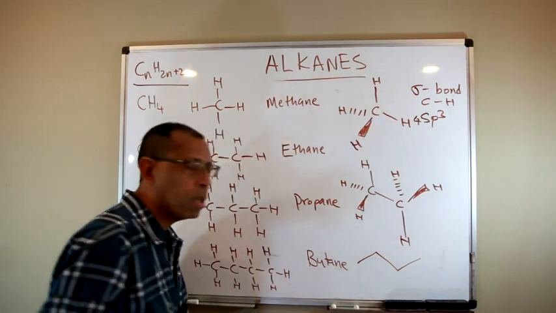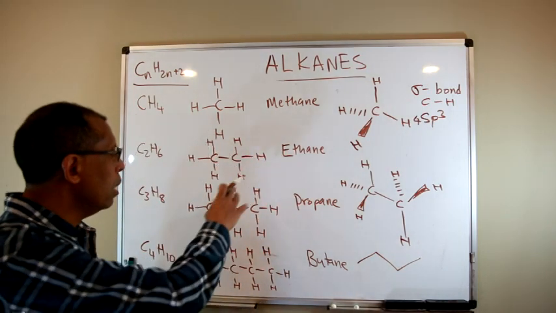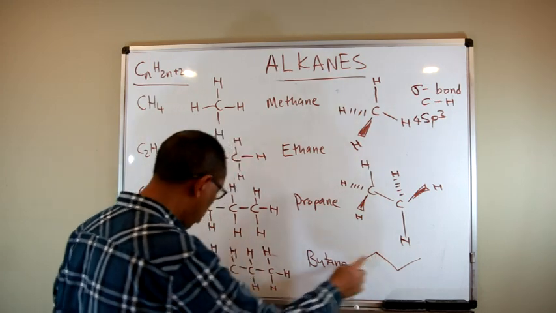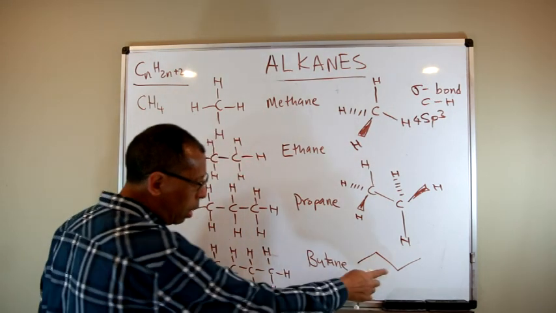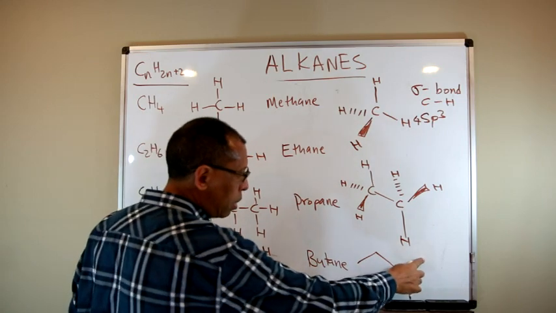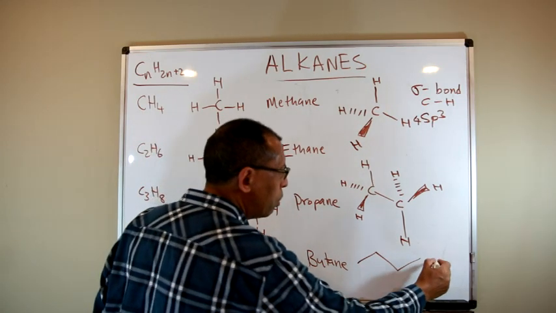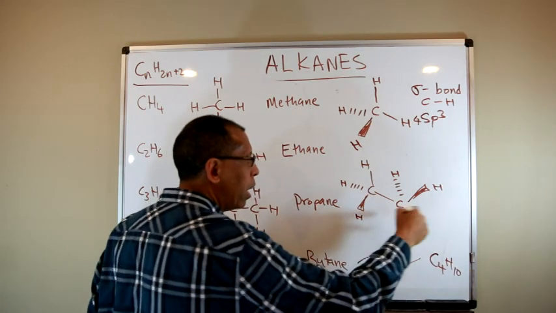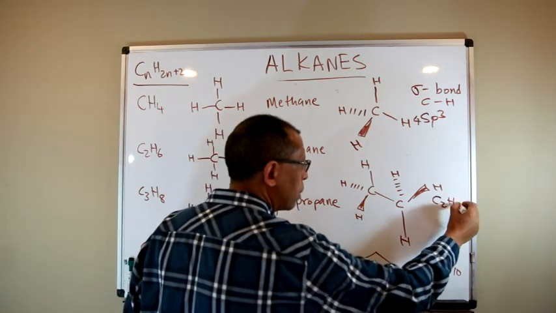This is equivalent to saying that you have 3 hydrogens on this CH3, a CH2 right there, another CH2, and another CH3. So this is butane, which is C4H10. This is ethane, C2H6.